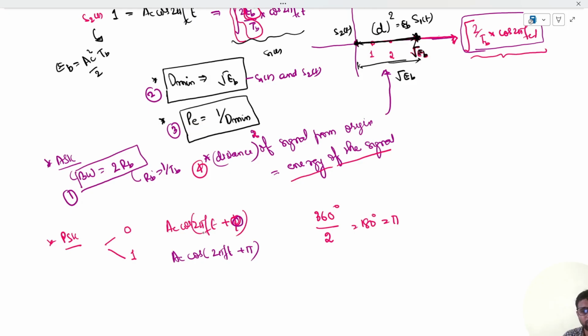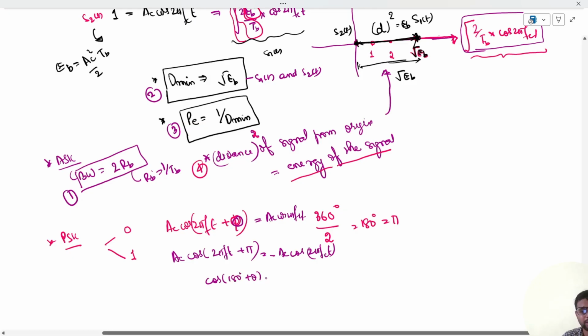So if this is phase 0, this could be written as AC cos 2 pi FCT, and this could be written as AC cos 2 pi FCT with a minus sign. Cos of 180 degrees plus theta is nothing but minus cos of theta.